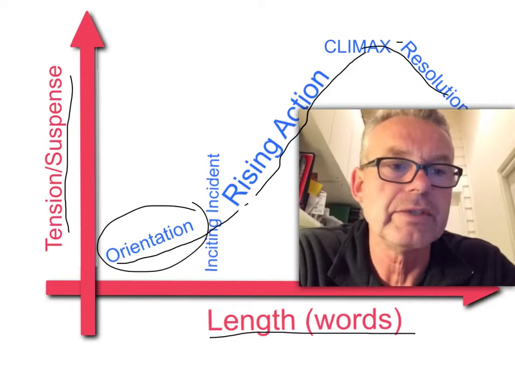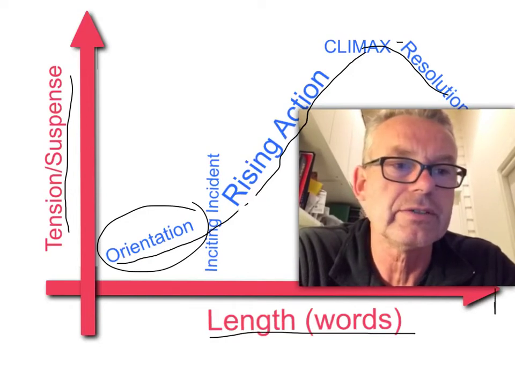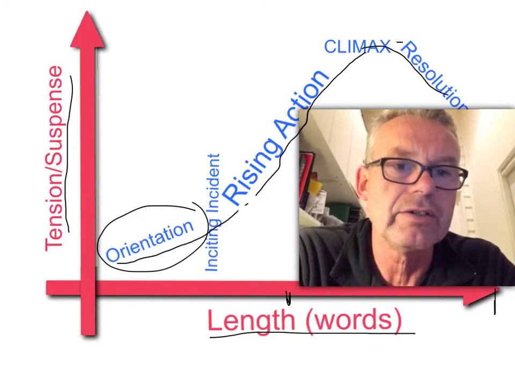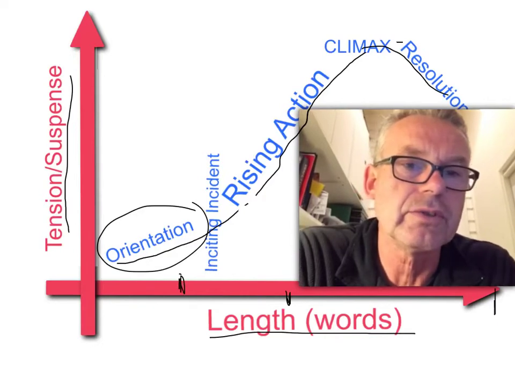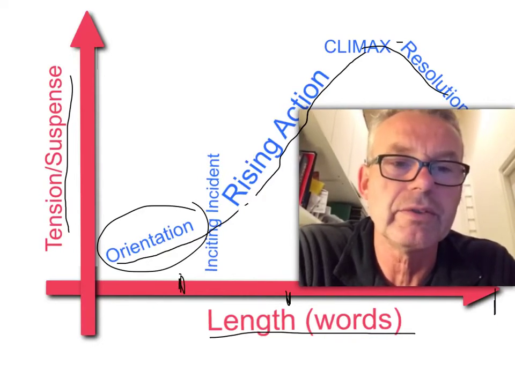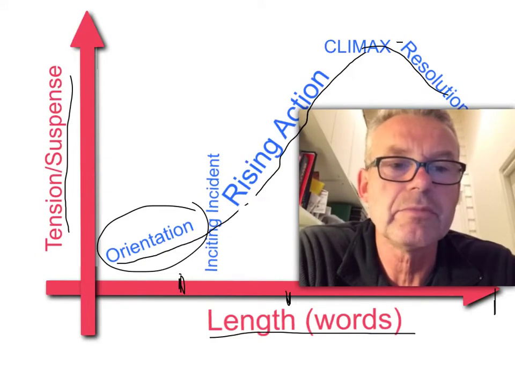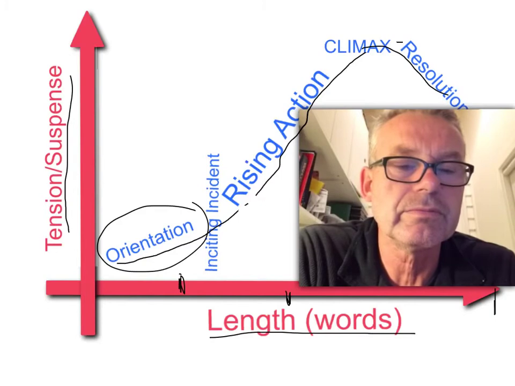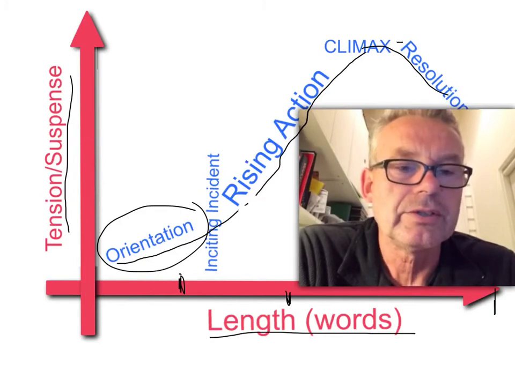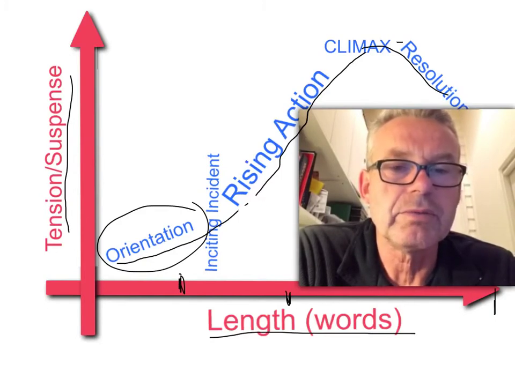If this is basically 1,000 words down here, and this is 500 words about here, then hopefully our orientation is done by about 150 to 200 words, maybe a little bit longer. Every story is going to be a bit different, but you don't want to spend 400 words setting up a story. You want to get it done pretty efficiently.